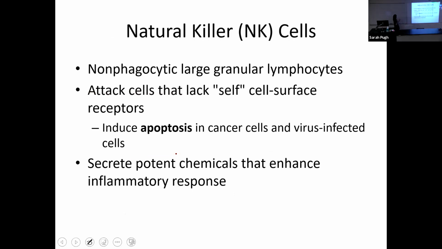Now, other than phagocytic cells, we also have natural killer cells. Natural killer cells are not phagocytic cells. Instead, these are a type of lymphocyte, and their job is they're going to attack any cell that does not have the cell surface receptor. So instead of having a self antigen, they have a foreign antigen.